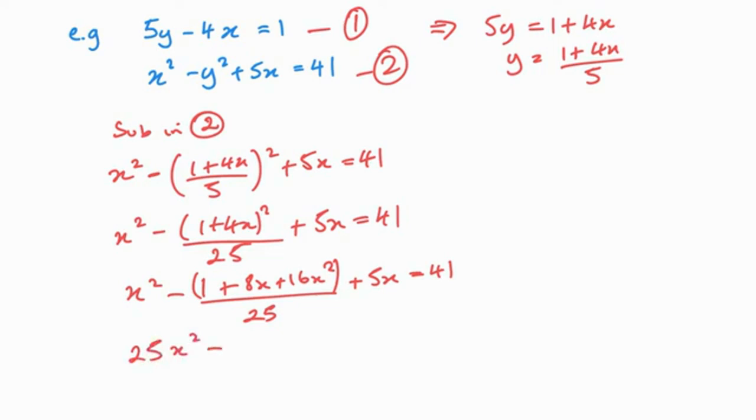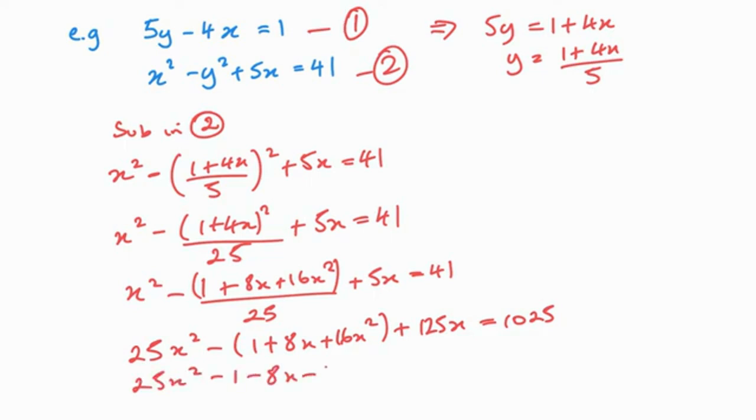So 25x squared minus (1 plus 8x plus 16x squared) plus 125x equals 1025. Now let's open up that bracket. So 25x squared minus 1 minus 8x minus 16x squared plus 125x minus 1025 equals 0.